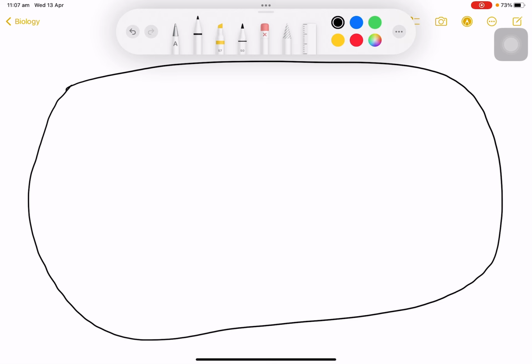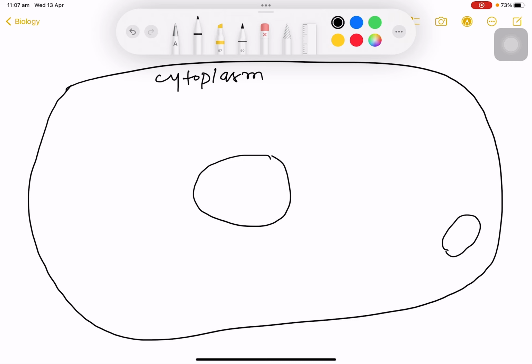This is the cytoplasm of the cell, and I'm not going to draw any of the organelles like mitochondria, nucleus, ribosome, ER or the RER. I'm not going to show you all these structures because we have to talk only about the reactions which take place in the cytoplasm or the cytosol.